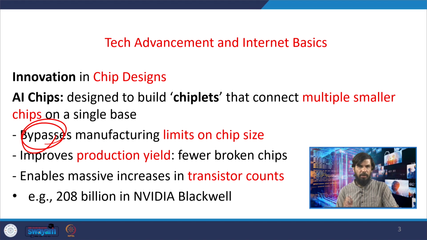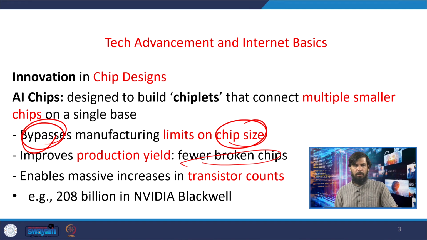Now, suddenly that size is no longer a problem, because we are working with smaller chips and interconnecting them. Production yields are better, another benefit, because the quality of production will be better, there would be fewer defects, fewer broken chips.